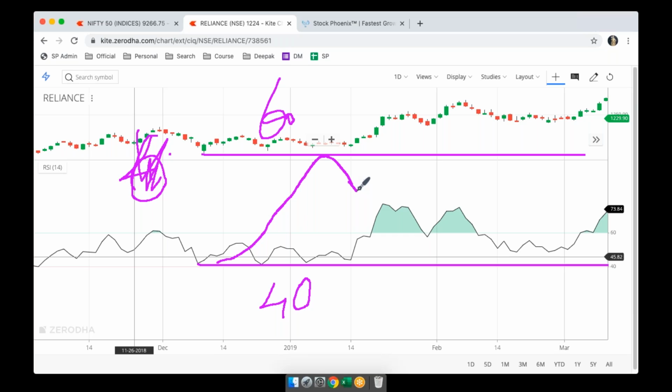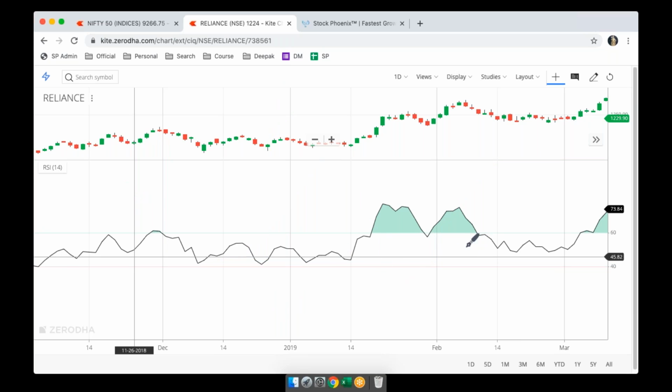So we expect a reversal downtrend, and when it comes near the 40 line, we expect it to take support and go like this. I believe I have explained clearly the function of these two lines. Don't worry about the RSI going below or above them.